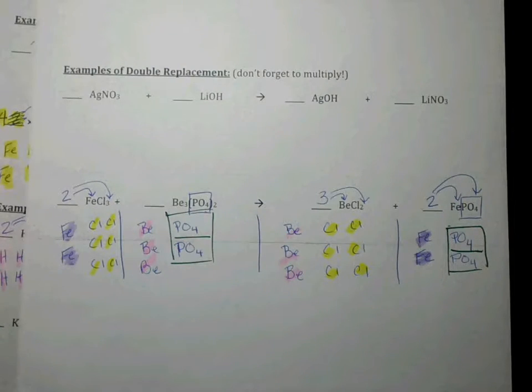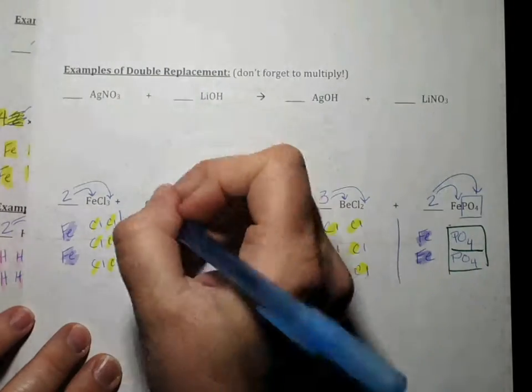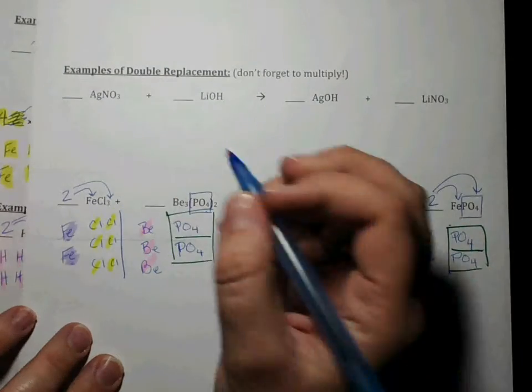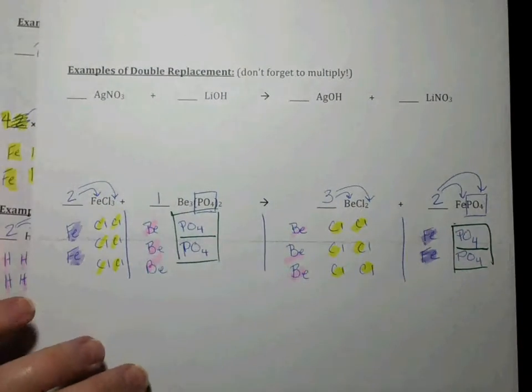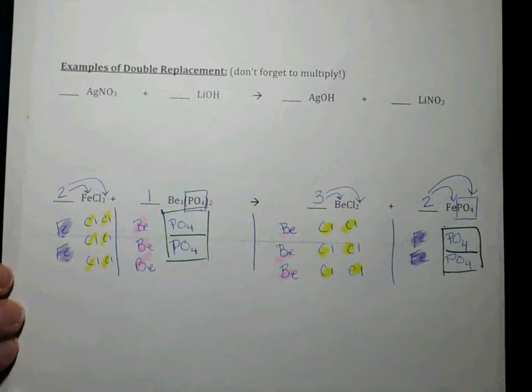So everything actually ended up evening out at this point. And I have no number written in this blank. That means we can leave a blank if we want, or we can write a 1. But the 1 will be implied even if we don't write it. I think that this method might just help with visualization a little bit.